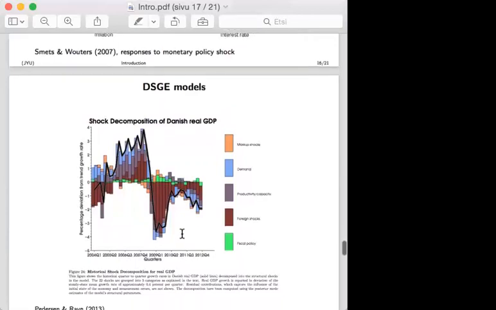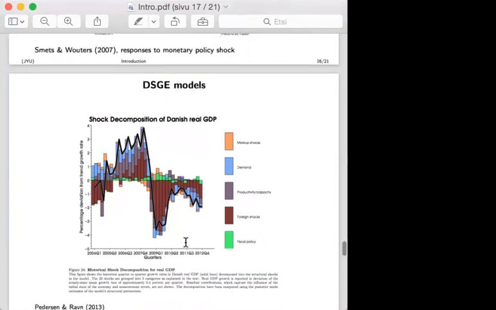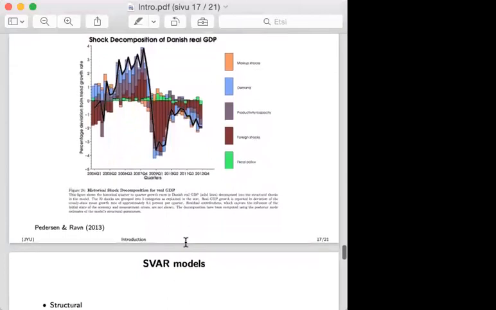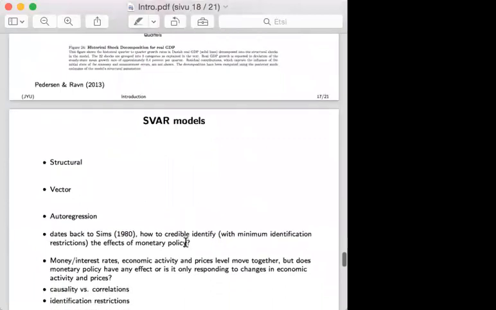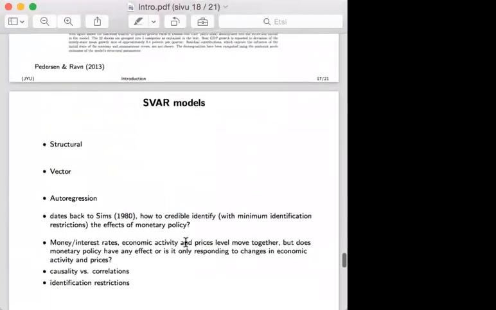And it shows that foreign shocks were the biggest reason for the drop in 2009 in Danish GDP. DSGE models give intuitive results and are usually quite easy to interpret, but their empirical fit is not so good since they are theoretical and quite restrictive models.